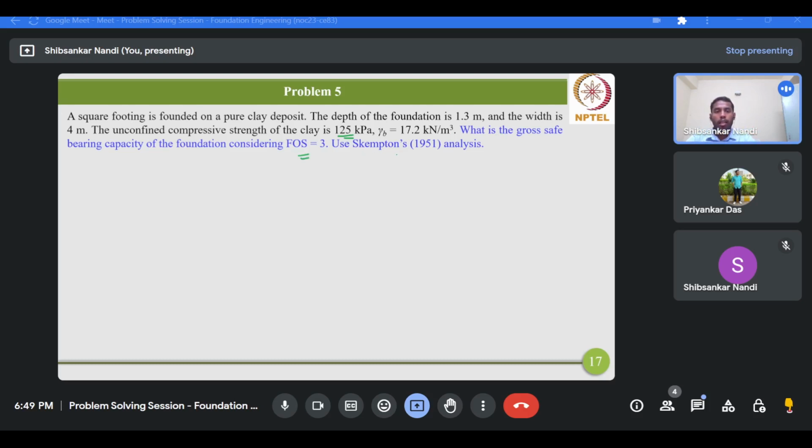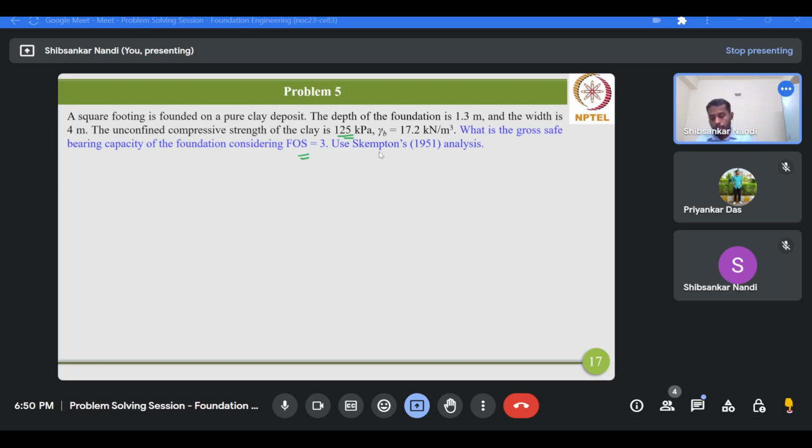Use Kempton's analysis. So far we have solved problems considering Terzaghi's theory and Meyerhof's theory. Through this problem we'll learn how to implement Kempton's analysis for the calculation of bearing capacity for a purely clay deposit.